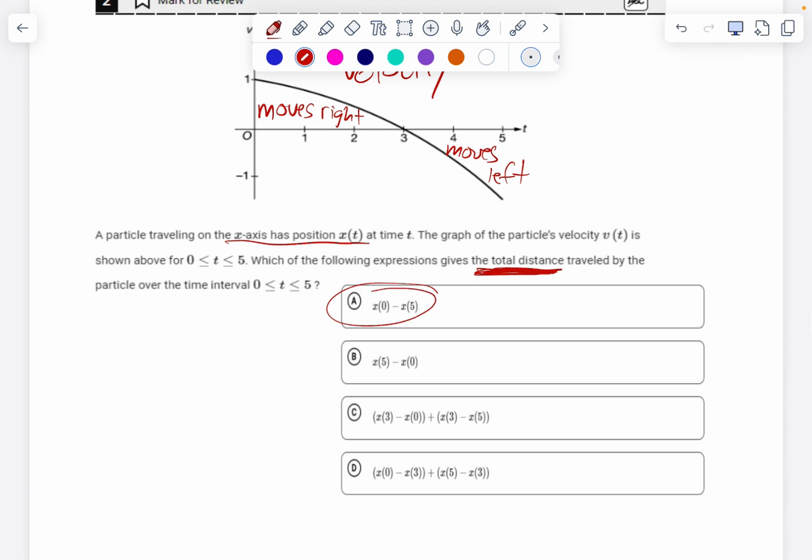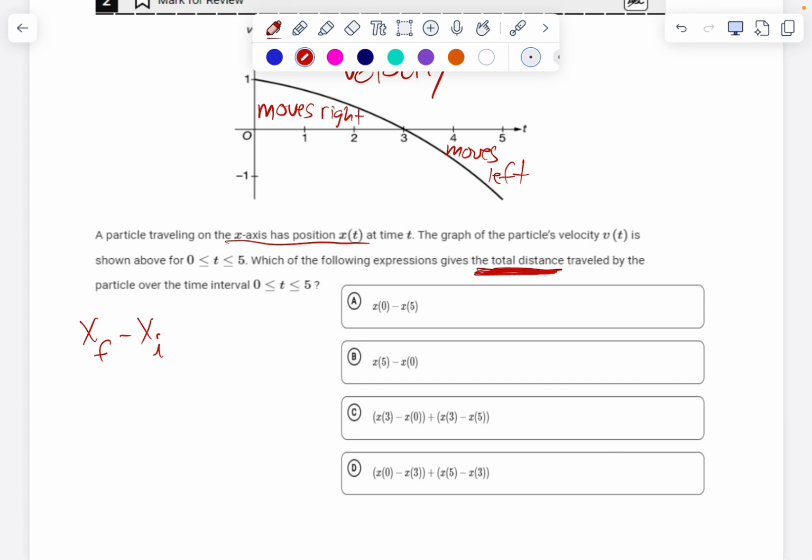X of 0 minus x of 5. Is that even a valid one? No, because it's backwards anyway, right? Like it starts at 0 instead of 5. Just to remind you, this is like x final minus x initial, right? So that one's backwards.